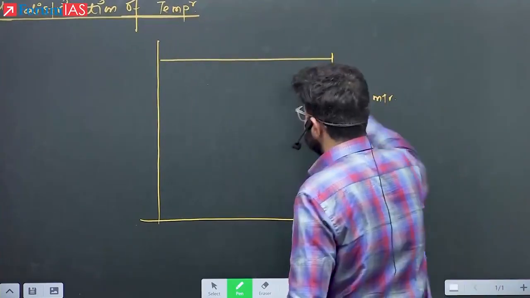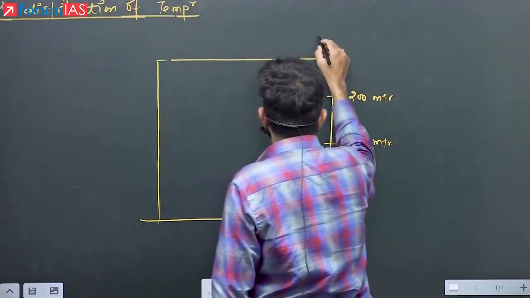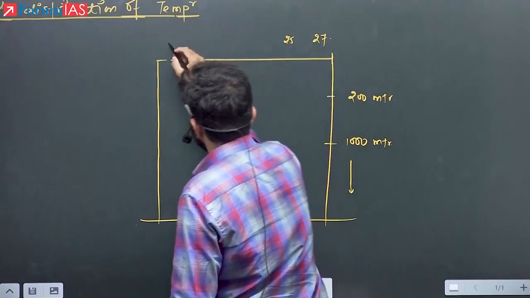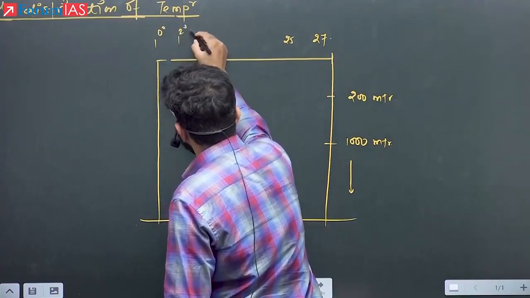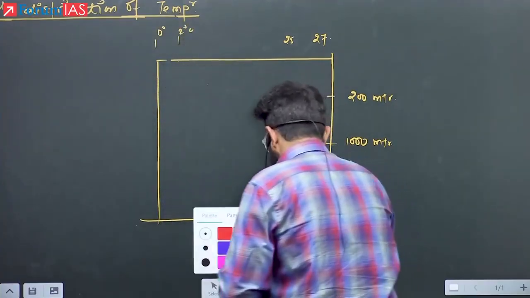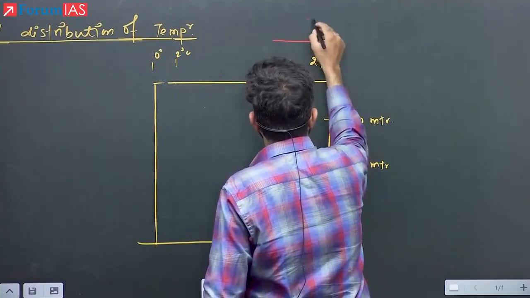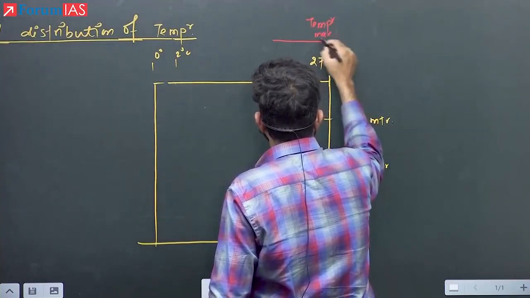See, on x-axis, I am taking here the temperature. See here, this is the temperature. Let's say this is 27, 25. In this way, it is reducing here. And I'm taking 0 degree C, somewhere 2 degree C here. So temperature, if I want to write, the temperature is maximum here. Maximum.